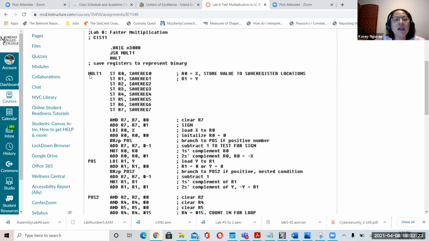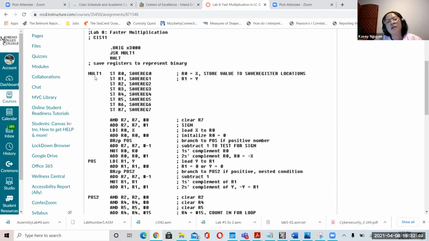When we begin, we need to make sure that we associate the temporary location to each register, starting with register 0. And keep in mind that LC3 only has 8 general registers from 0 to 7. Therefore, we can only store from 0 to 7.